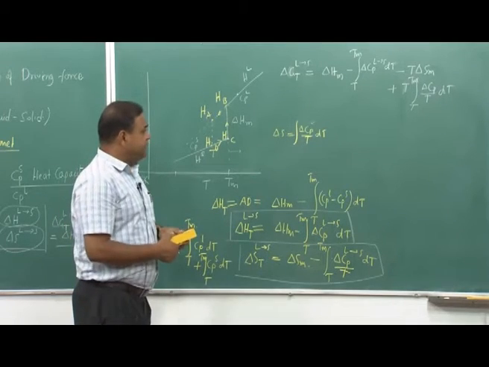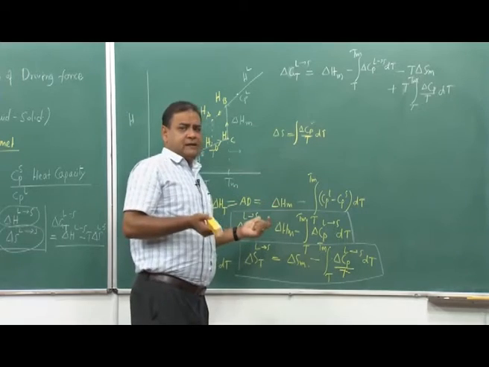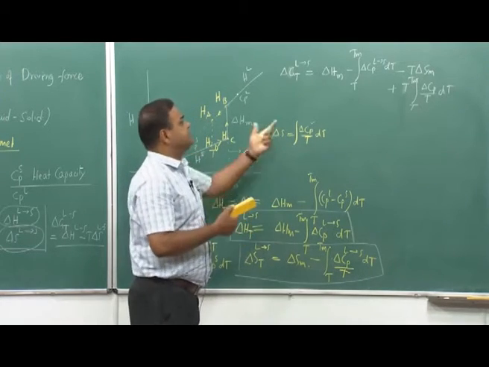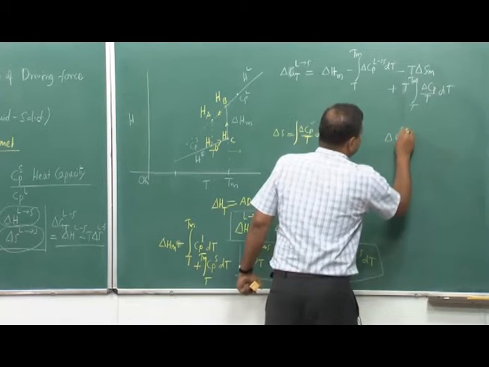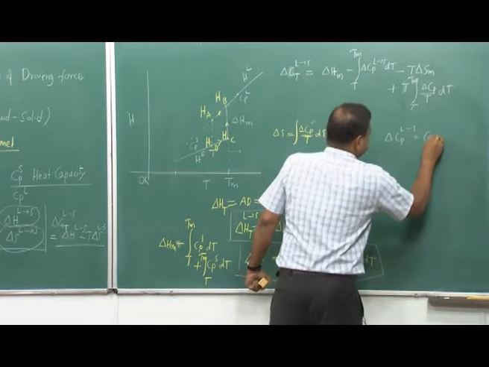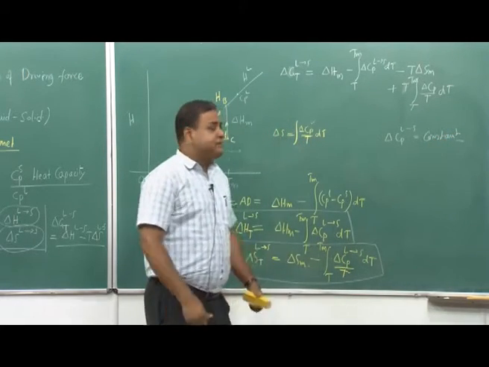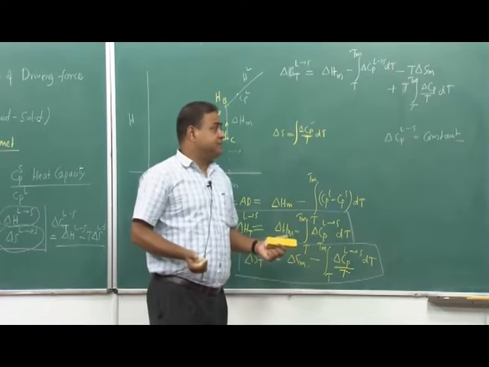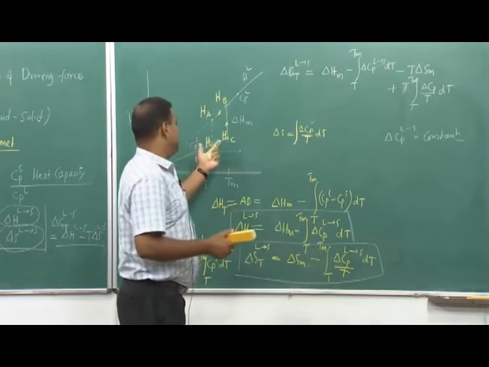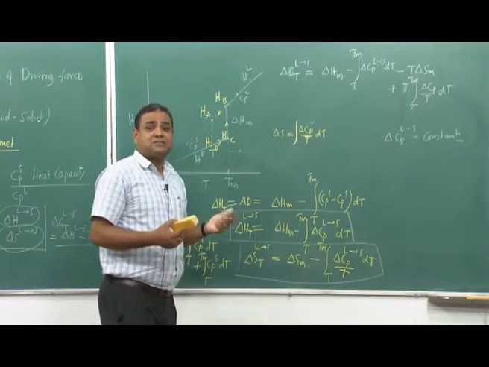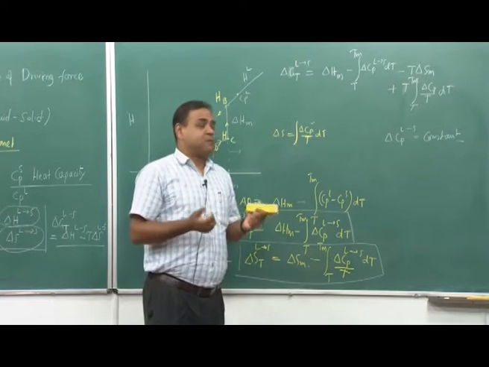Let us assume a very simplistic value. One assumption could be that del Cp liquid to solid is constant. Now, we take a constant value, that means it does not change over the entire temperature range below melting point. But then the next question is, what would be that value? So, then it is a problem.